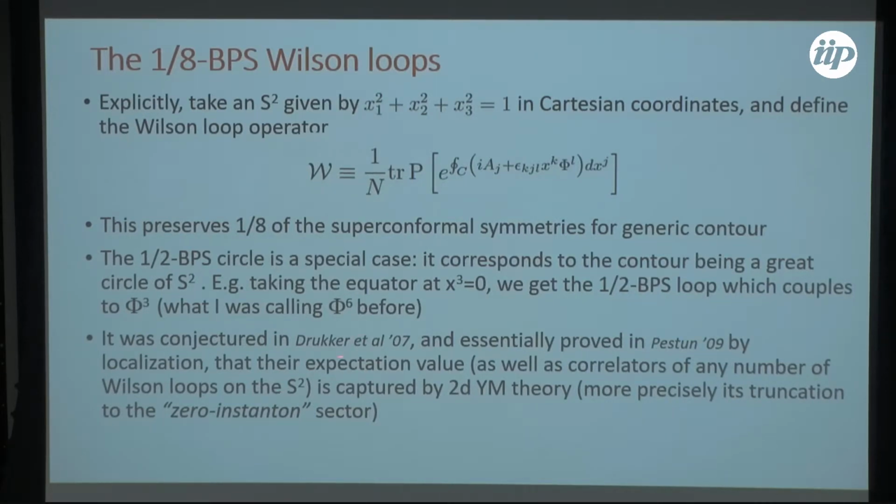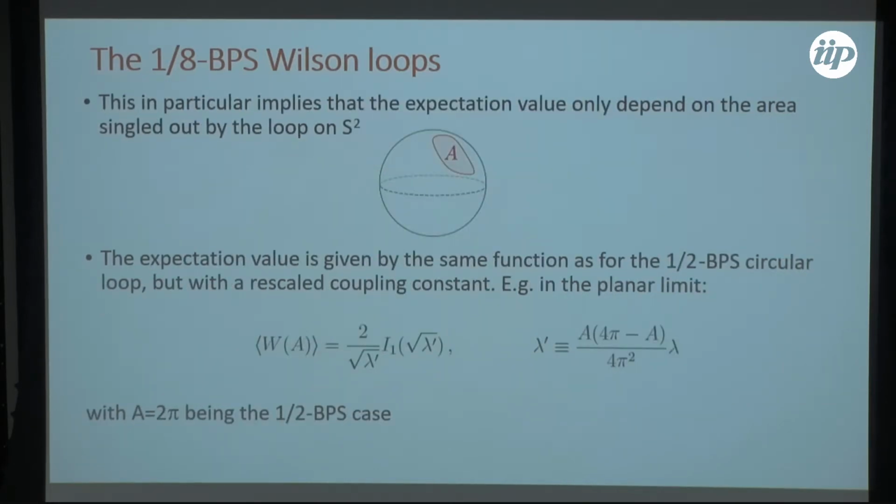It was conjectured in a paper by myself, Drukker, and others in 2007 that this kind of Wilson loops are captured by two-dimensional Yang-Mills theory, and this was proved later, essentially, although some technical details were not worked out completely, so the proof is not fully complete. But if we accept this map to two-dimensional Yang-Mills, it implies a very simple fact about the expectation values.